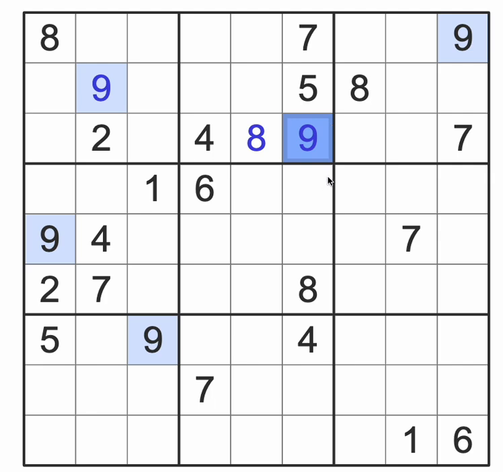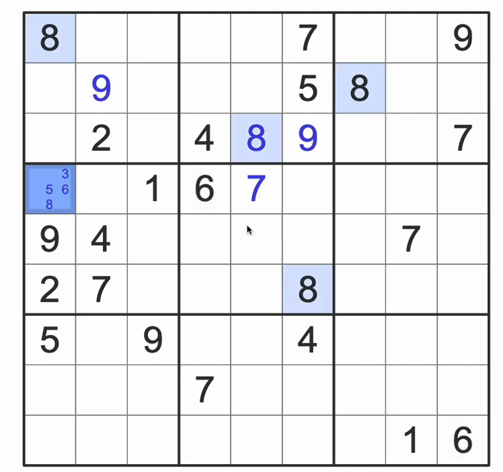And I can place 7 in box 5. This 7 blocks here, this 7 blocks here, gives me 7 here. 3, 5, 6, 8. Well, why not? Now this box is missing 3, 5, 6, 8.